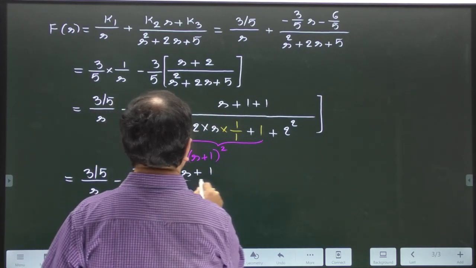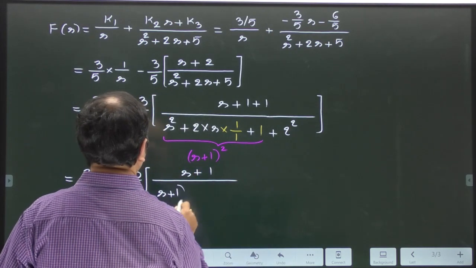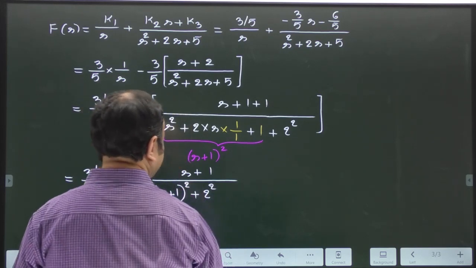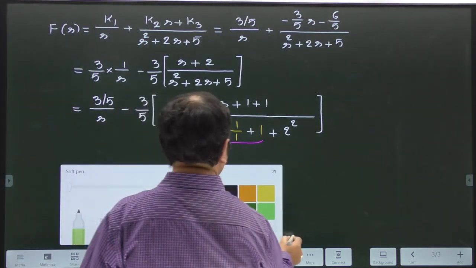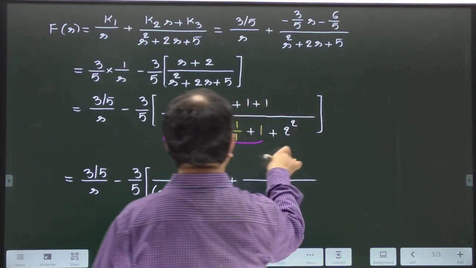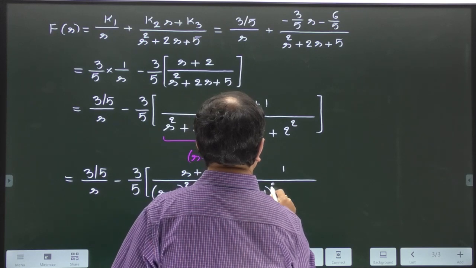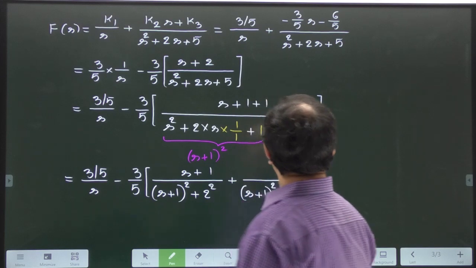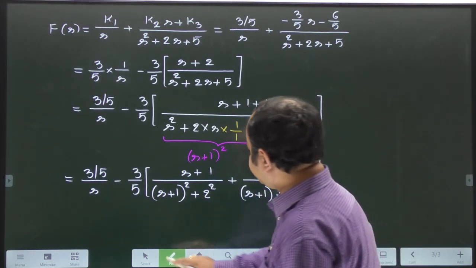S plus 1 divided by s plus 1 whole square plus 2 square plus 1 divided by, again the same denominator, s plus 1 whole square plus 2 square. Okay. So what is the reason to write it in this form?